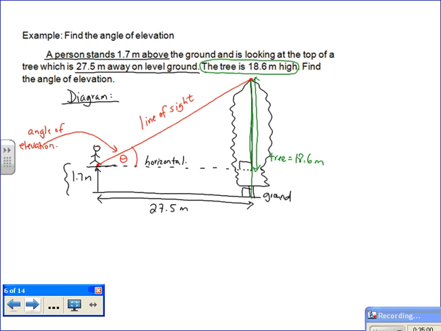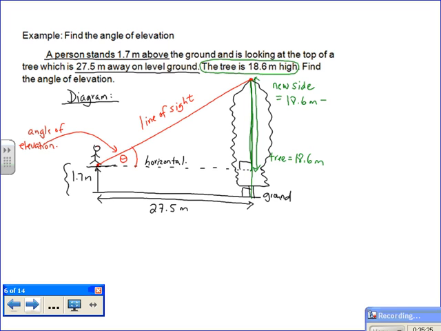Well, this distance here, which is going to be the opposite side, opposite my angle of interest, is now going to be equal to, so we'll call this the new side, 18.6 minus this little 1.7 distance here.